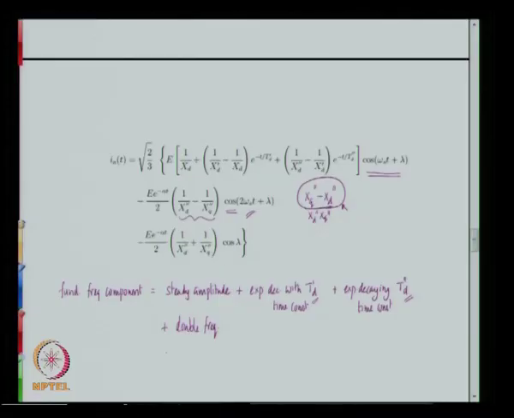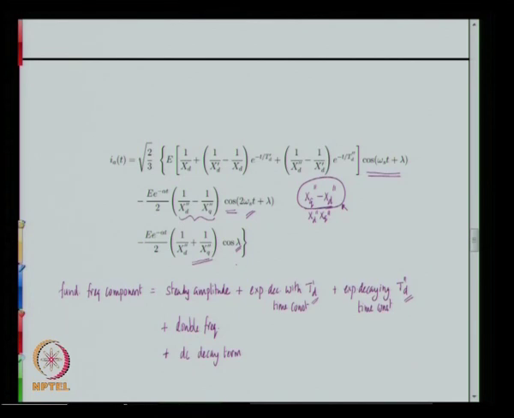The next term that you have is a simple DC decaying term. There is no oscillatory component in this, but we see that the existence of this term depends upon what value of lambda you assume.